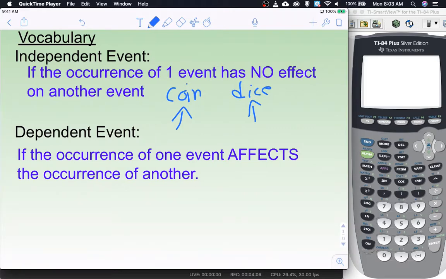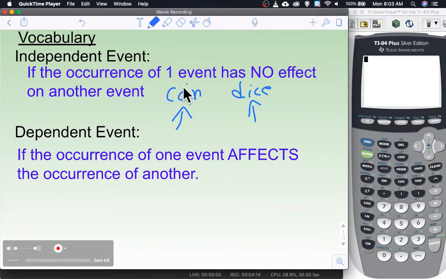Does it change the probability of getting a 5 on the dice? No. The coin and the dice are completely separate. They are independent. Flipping this coin does not affect this. Dependent events are where the occurrence of one event affects the occurrence of another.